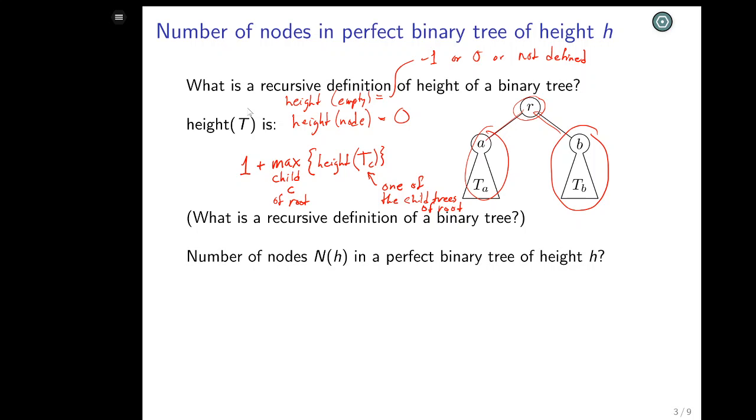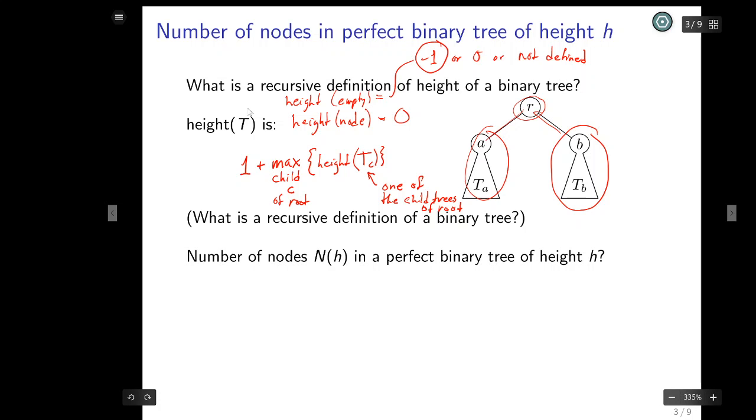But actually, does it matter? The only reason it would matter is whether you wanted to maximize over all of your children. Right now I've written maximize over all of the children of the root. Some of those children might be empty. In which case, it better be the case that I define this as being minus 1.